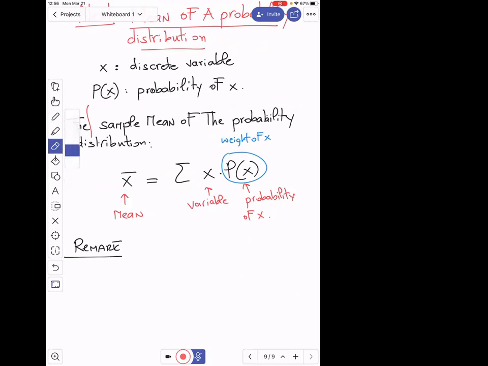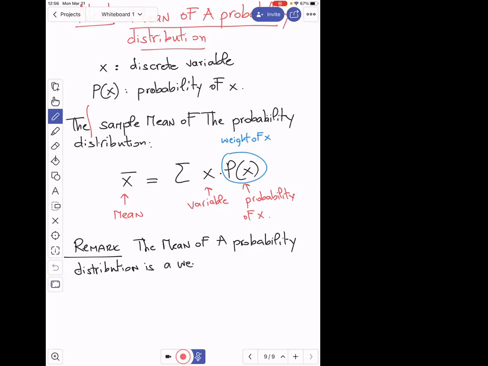The mean of a probability distribution is just a weighted average, where the weight of x is P of x, the probability of x.